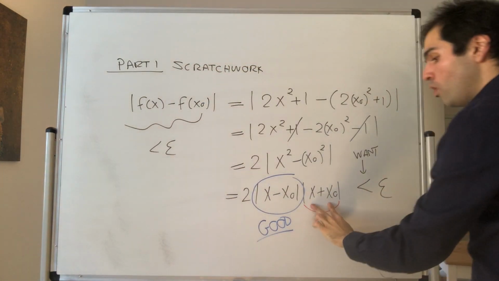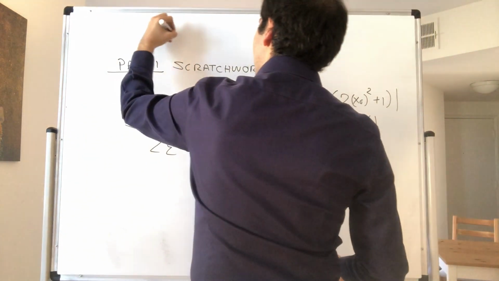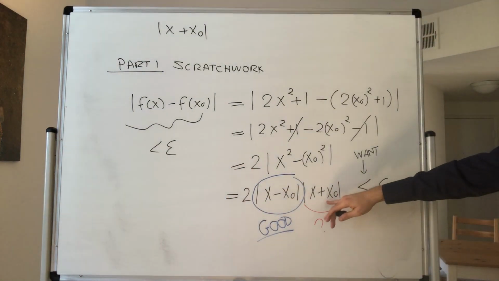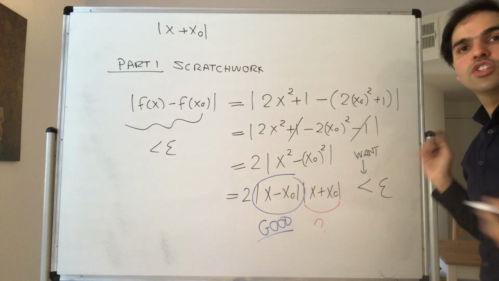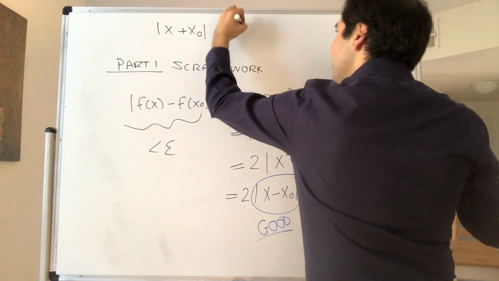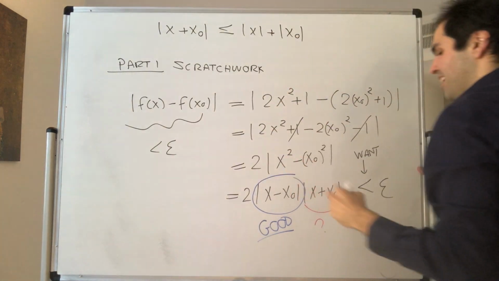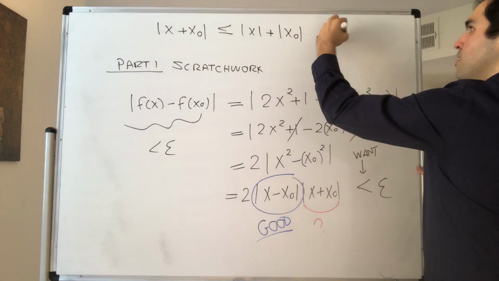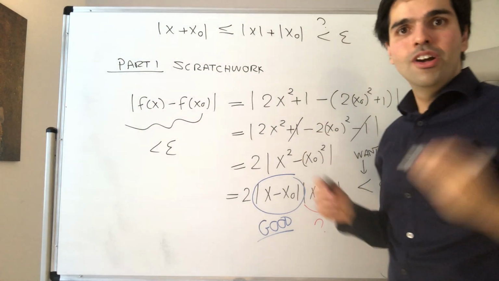Okay, now the goal is to estimate this absolute value of x plus x naught. Well, we want this to be less than something, so let's just use the triangle inequality. So this is less than or equal to absolute value of x plus absolute value of x naught. And ideally, we want this to be less than some form of epsilon, maybe epsilon over 2, we'll see.